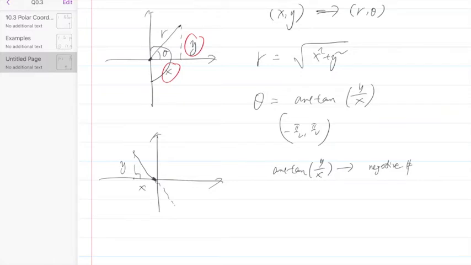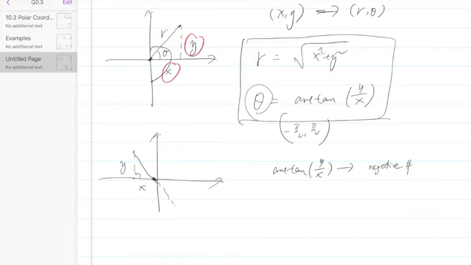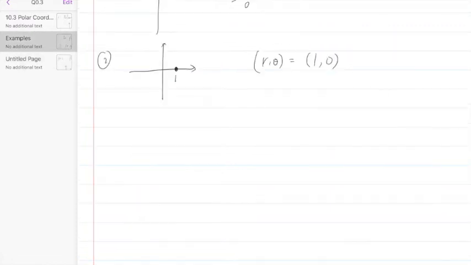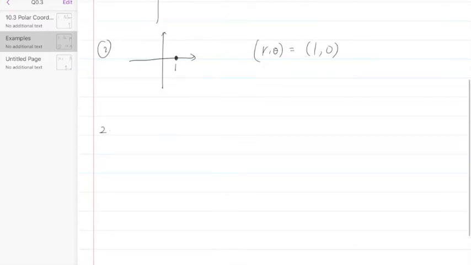So I would say for things like this, always go with the positive value of y over x, but then draw the angle and adjust the angle according to which quadrant it's in. Okay, but roughly this will be the formula, except for theta, you need to do additional work to figure out which quadrant it's in.